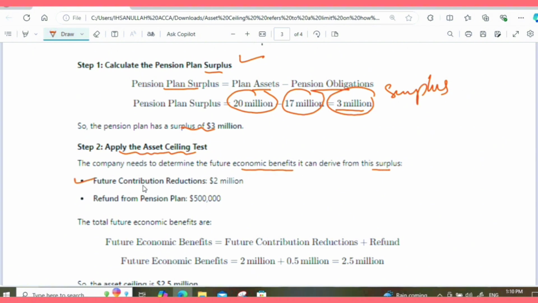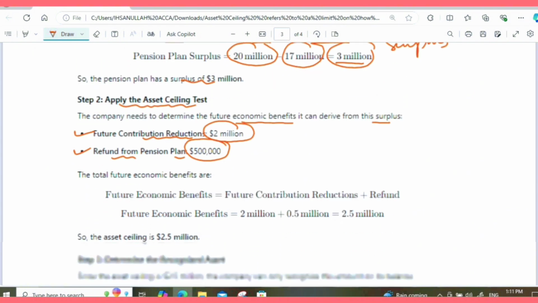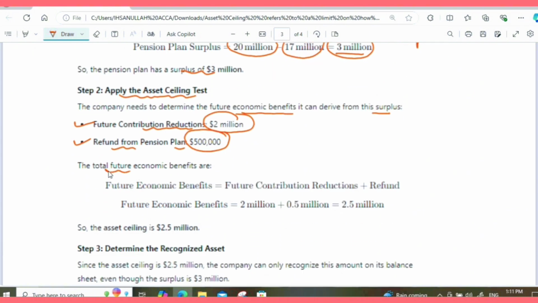The first one is future contribution reduction, that is 2 million. The second one is the refund from the pension plan, that is 500,000. So the total future economic benefit, contribution reduction plus refund, is 2.5 million. So the asset ceiling is this amount and the surplus was 3 million.